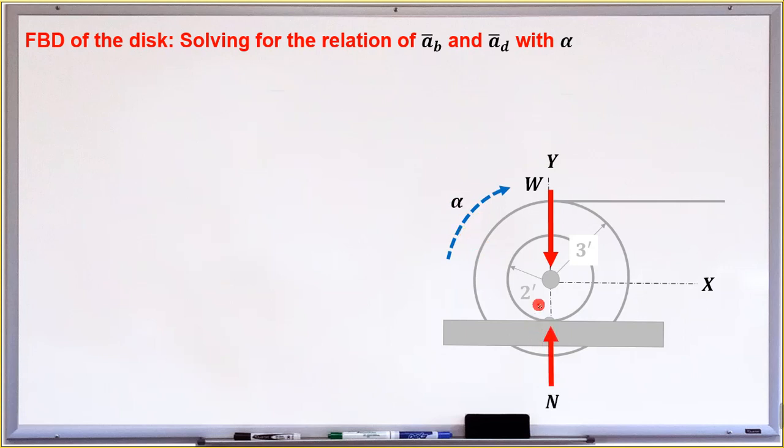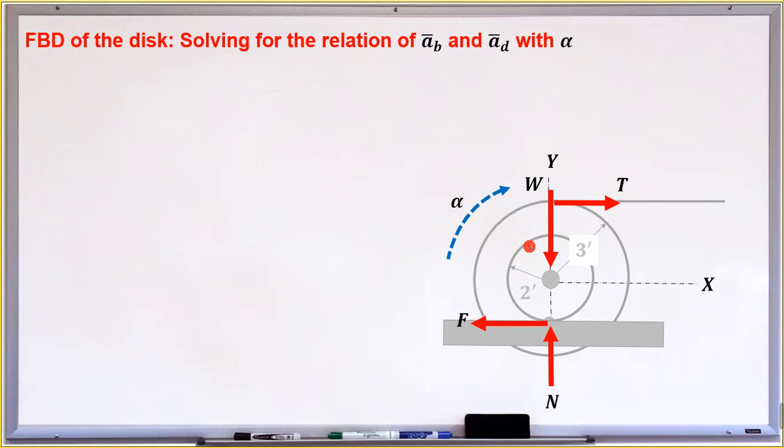And then since our disk rolls on this horizontal surface, there's a normal force that acts upward. And then we also have the tension via this rope which is connected to the block. And then with the given direction of our angular acceleration, which is counterclockwise, no, counterclockwise.